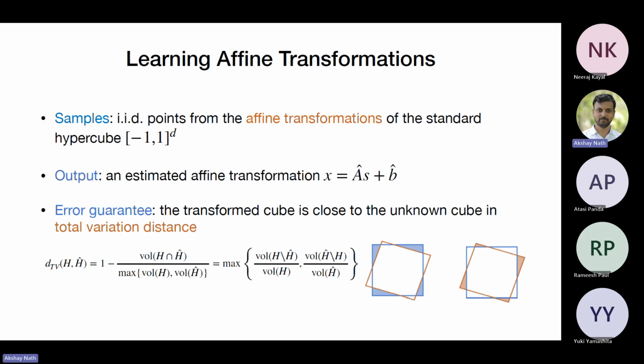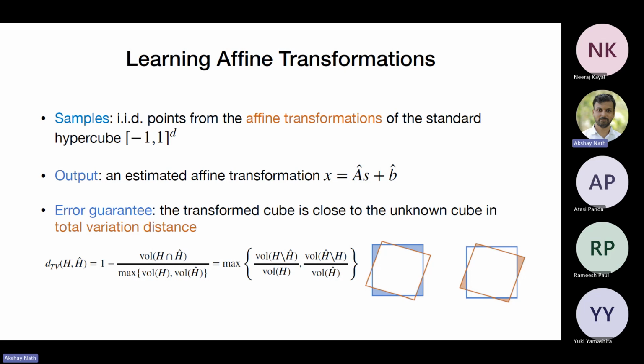Because we are in the special case where the distribution is uniform, the total variation distance just equals the maximum of two cases. Suppose H is the true cube and H hat is the output cube.